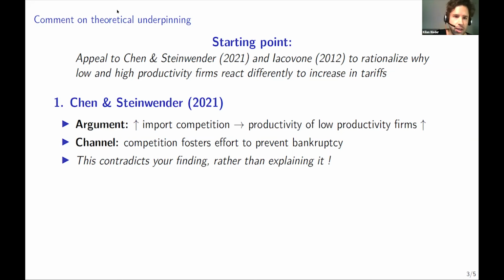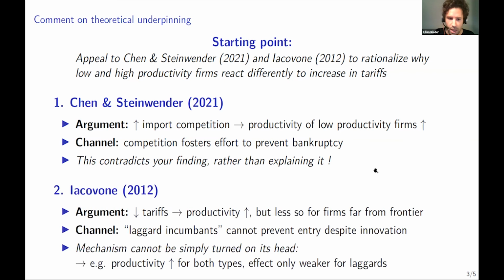The channel they have in mind is that competition fosters effort at the firm level, especially among low productivity firms, because they want to prevent bankruptcy. And this basically contradicts your finding, I think, rather than explaining it. So I'm not really sure that this is the way you want to go.